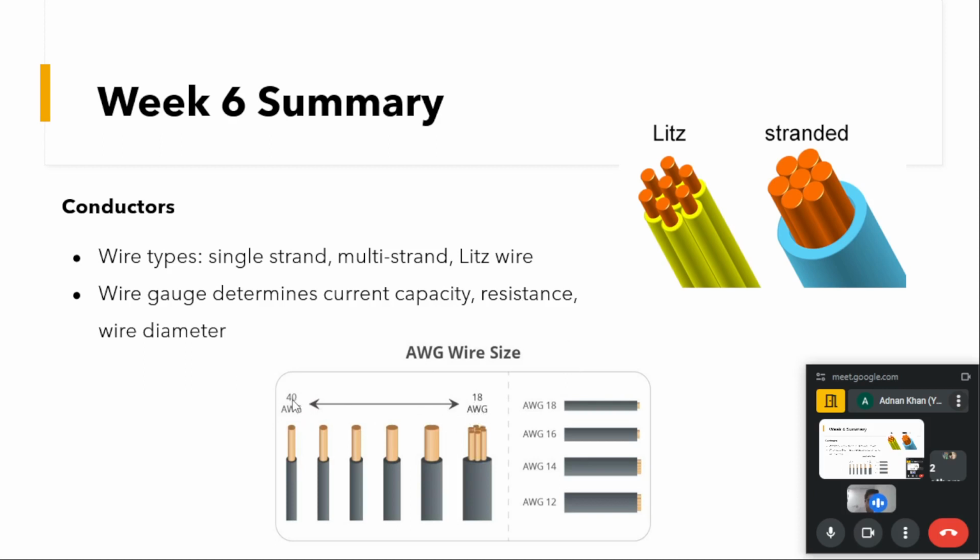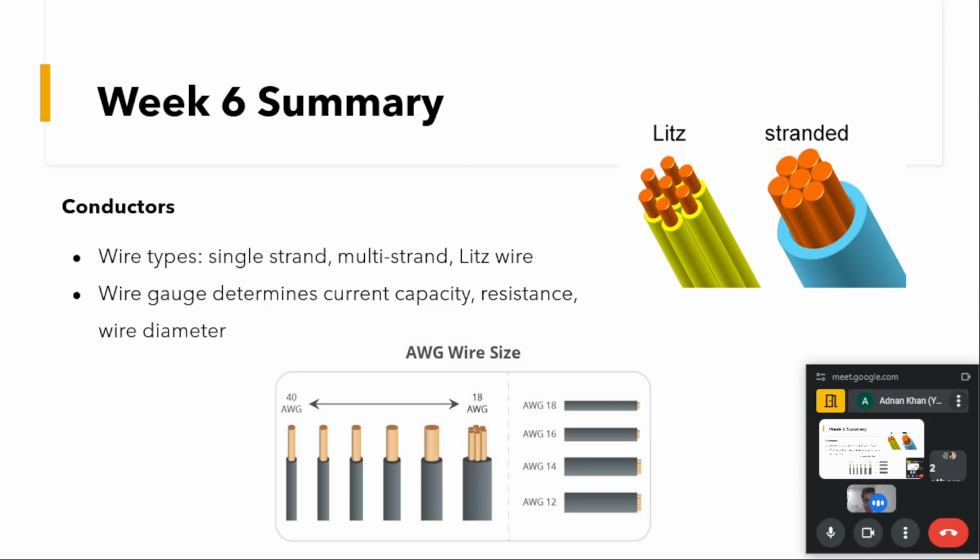The higher the AWG value, the smaller the diameter and the smaller the area of cross section, which means the higher the resistance. And if we move from 40 towards 0, the diameter of the wire increases.